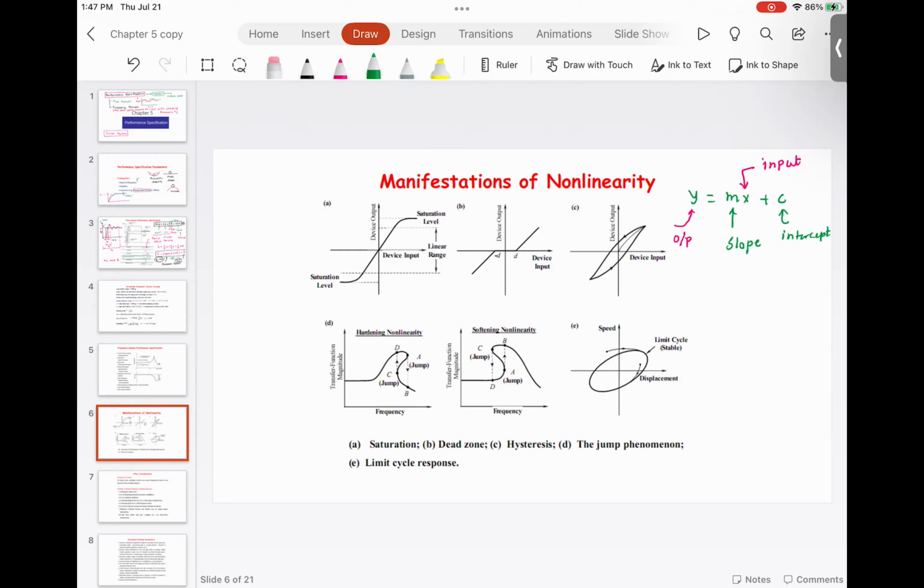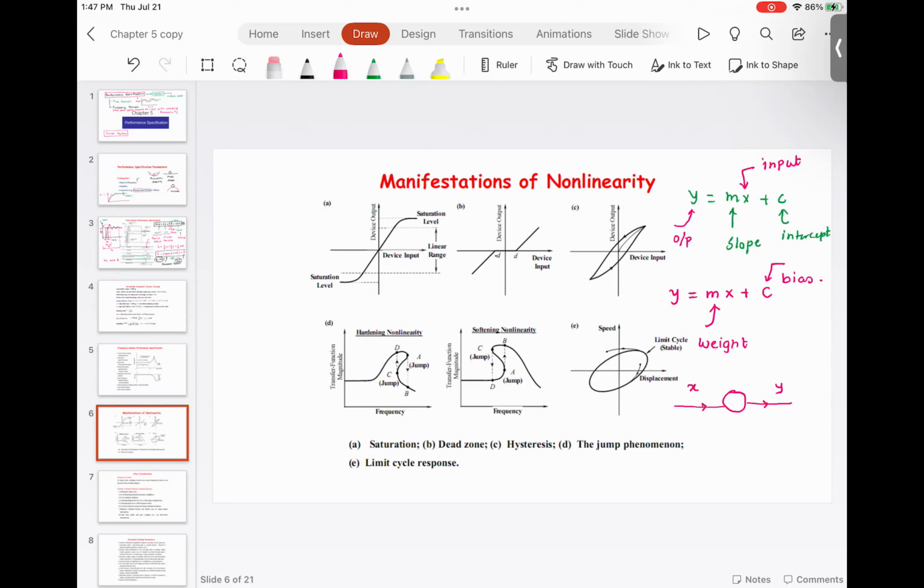In a neural network, the exact same equation, y = mx + c, is rewritten as m is the weight and c is the bias. And that is how one neuron is specified. One neuron has an input x and an output y.